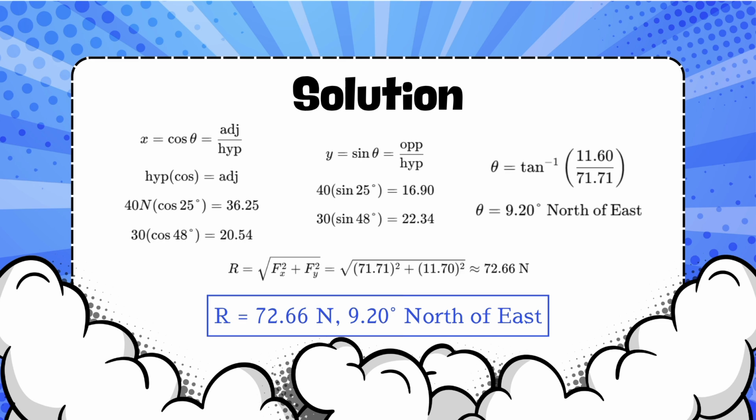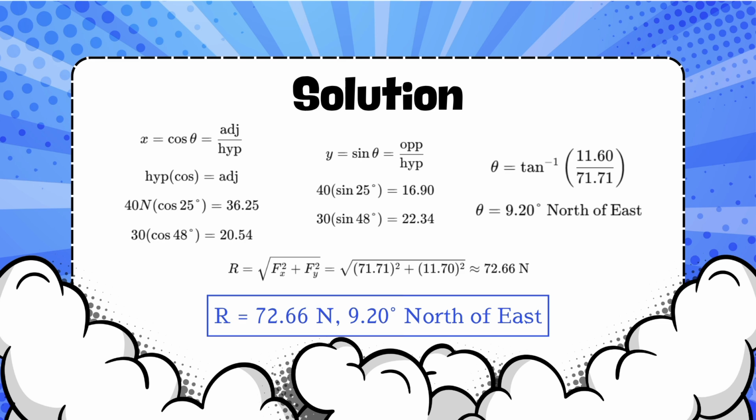So, to get our resultant angle, we will use the TOA method, which is tangent, opposite over adjacent. So, to our calculator, to get our angle, we will use shift tan, opposite over adjacent.